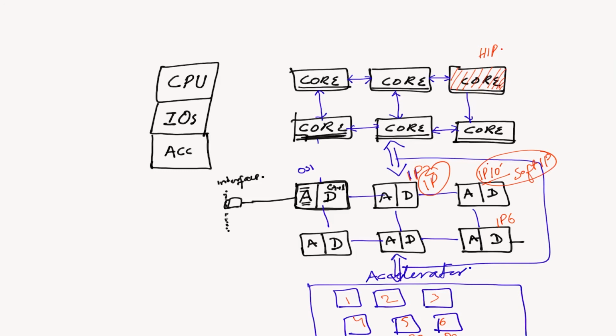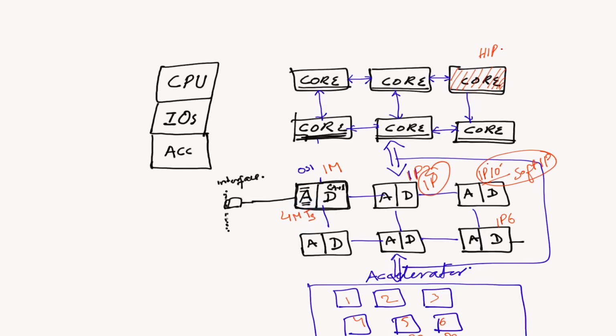Each of these, let's say one IP, is a large hardware. Maybe this one is 1 million gates. Again, I'm measuring the size in terms of NAND cells, and in terms of transistors, one NAND has 4, so I can say it has 4 million transistors.